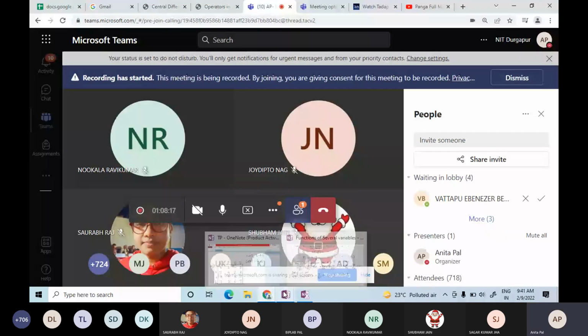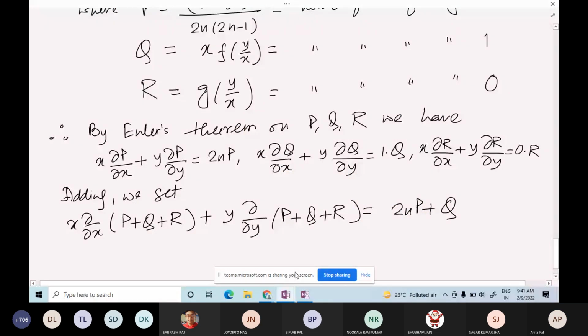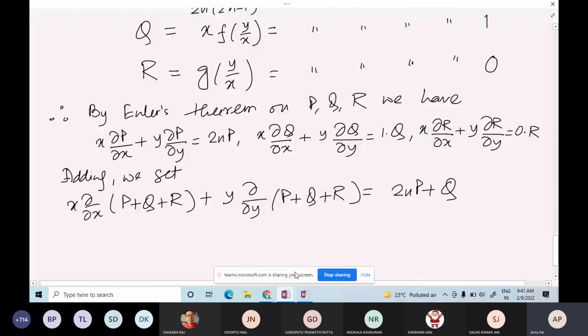So can I write like this? Instead of p plus q plus r, we can write u, because we have written u only as p plus q plus r. So we can write x del u del x plus y del u del y equals, let me write it 2np only over here. It will be a little bit comfortable to handle.